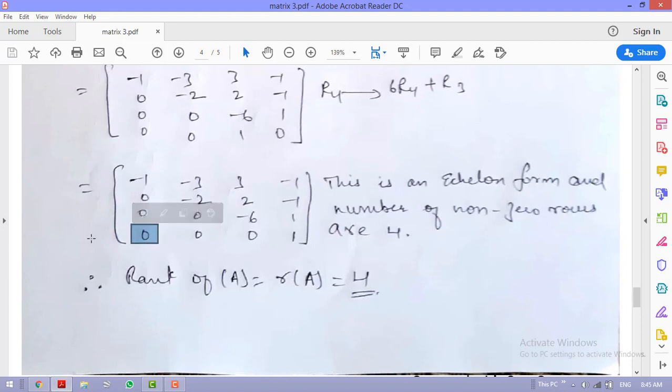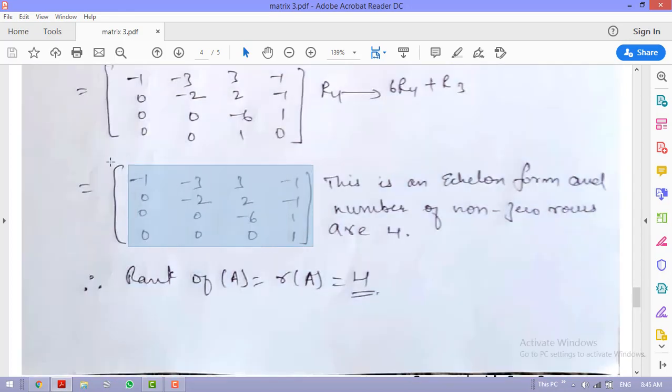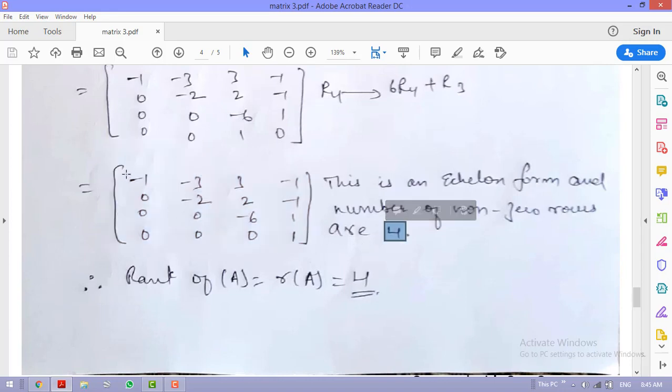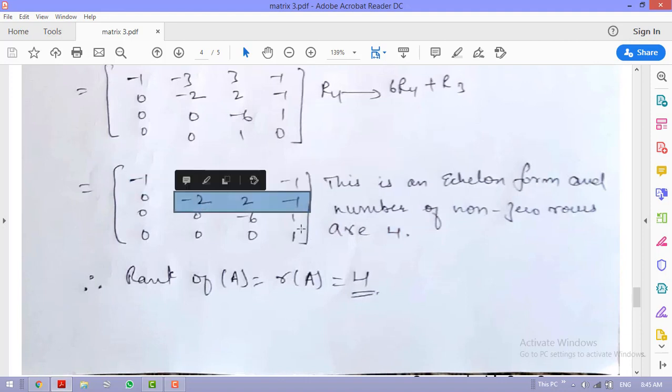So if we have a particular matrix which is in echelon form, then the number of non-zero rows of that final echelon form of the matrix will give you the rank of the matrix. Like over here we have one non-zero row, a second non-zero row, a third non-zero row, and a fourth non-zero row.